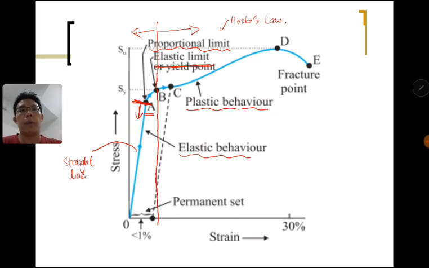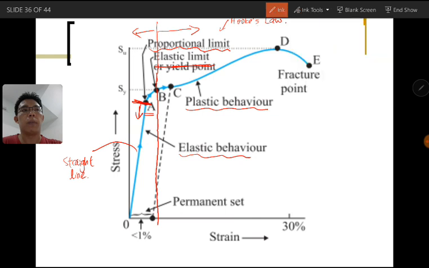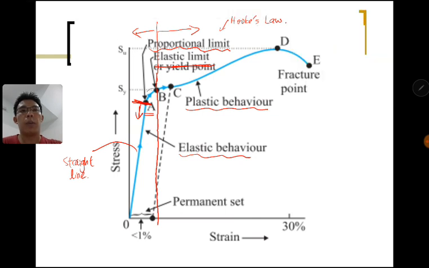After that point, there's a small region, let me use a different color because all looks the same. There's a small region from the proportionality limit all the way to the elastic limit, and this region is a curved line.